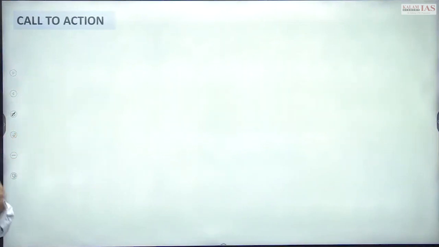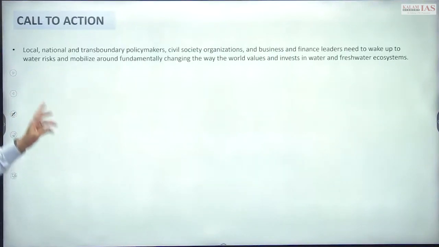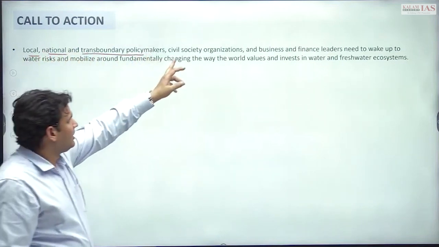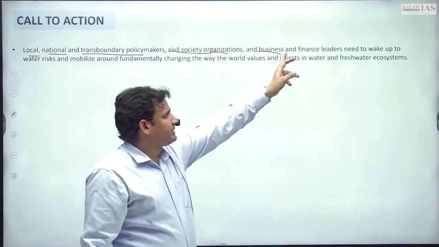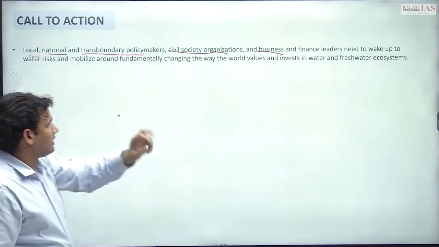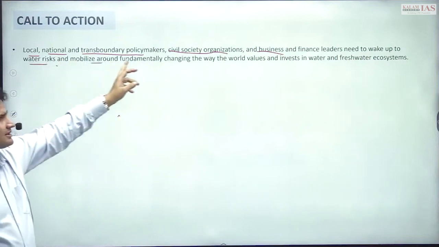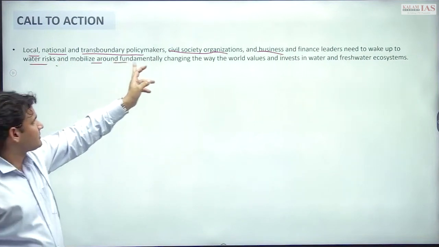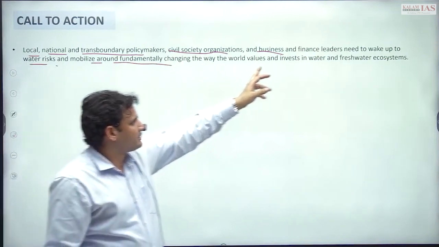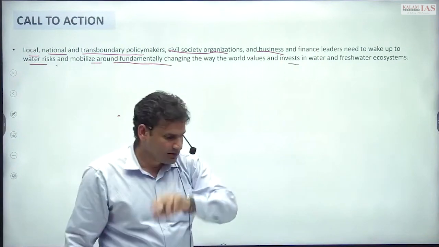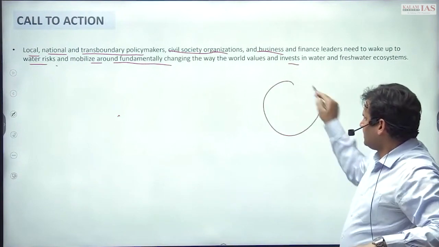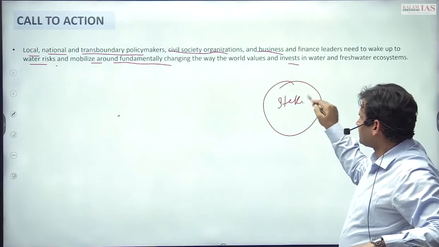So there are stakeholders like local, national, and transboundary policy makers, civil society organizations, business and finance leaders. They need to wake up to water risk and mobilize around fundamentally changing the way the world values and invests in water and freshwater ecosystems. You can represent this in a diagram or flow chart, wherein you can mention stakeholders.